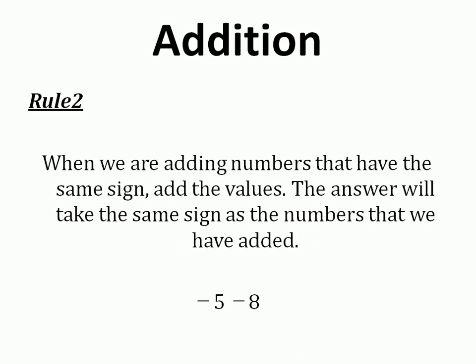Now let us move to rule 2 in addition. But it is for us to understand that when handling directed numbers, the positive sign and the negative sign have the same effect.